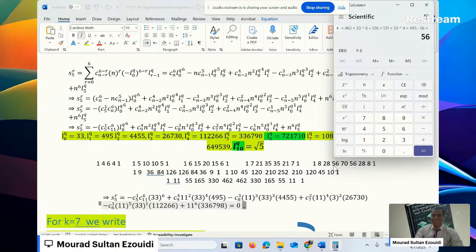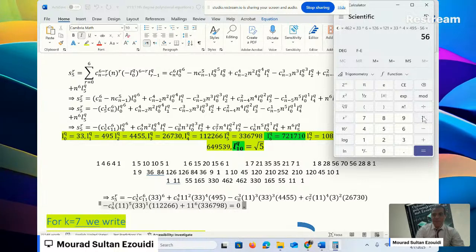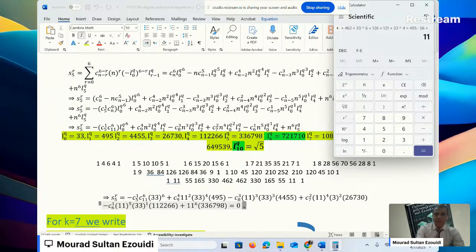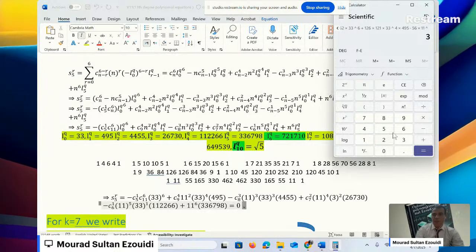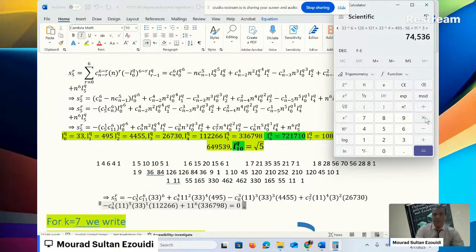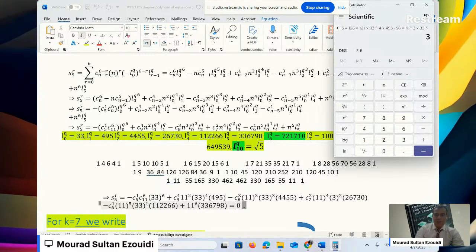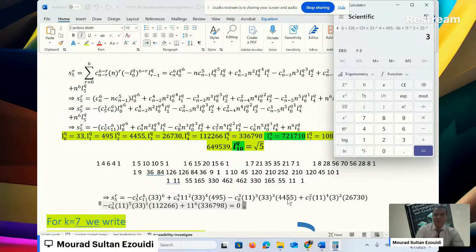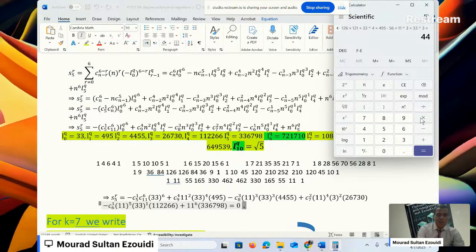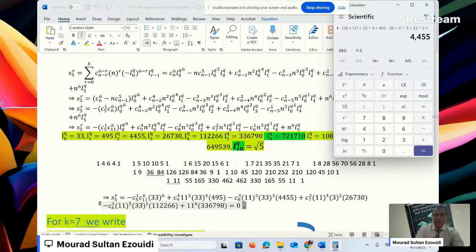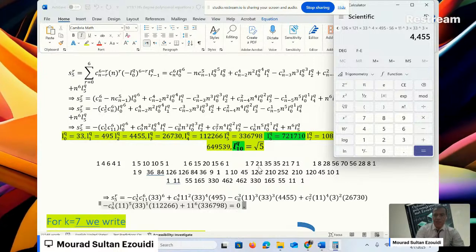So multiply by 11 raised to the 14, then times 33 raised to the 14, times 33 cubed. Then multiply by 4,455. Plus 750, which means 20.